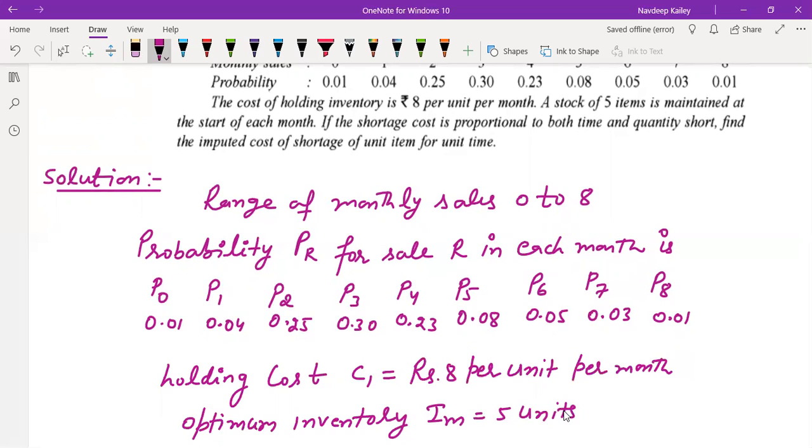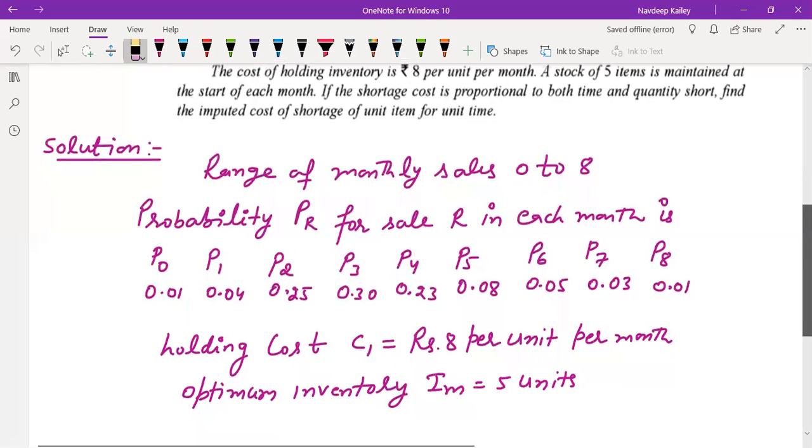If the shortage cost is proportional to both quantity short and time, find the imputed cost of shortage of a unit item for unit time. That is, we have to calculate the range for C2.